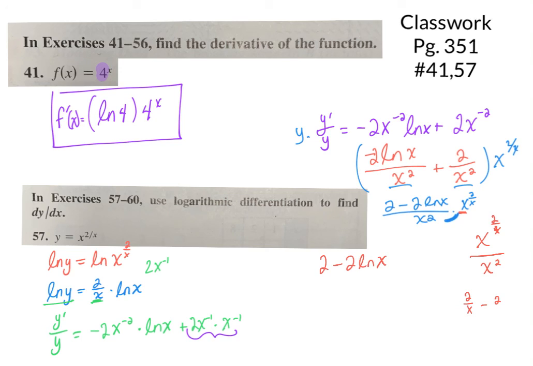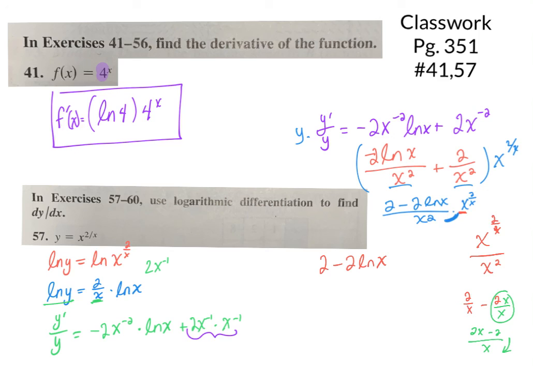Make sense? I have to get a common denominator here. So this becomes 2x over x, right? This is going to be a bigger number, so it actually ends up on bottom. And so they reversed it. So they have 2x minus 2 over x and put it on bottom.